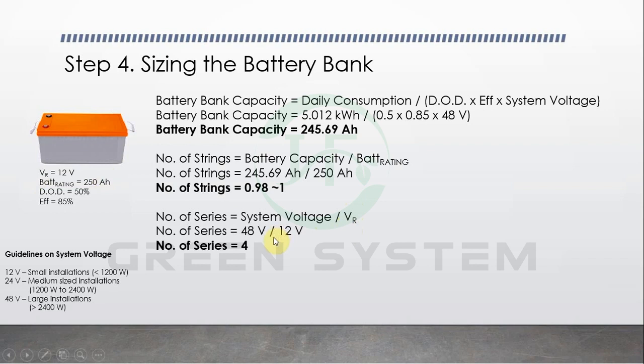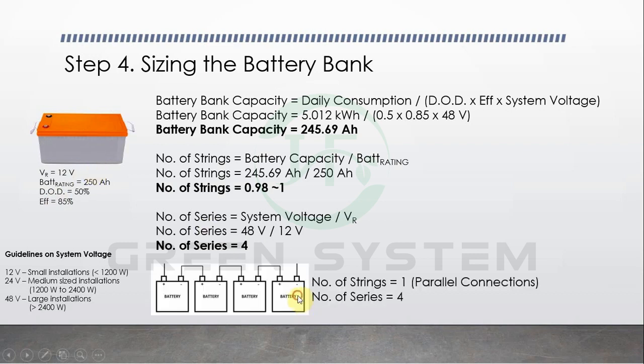So that's 48 volts divided by 12 volts, and we have 4. So that means we need 4 of these batteries connected in series. So that's it, 1 string and 4 pieces batteries connected in series.